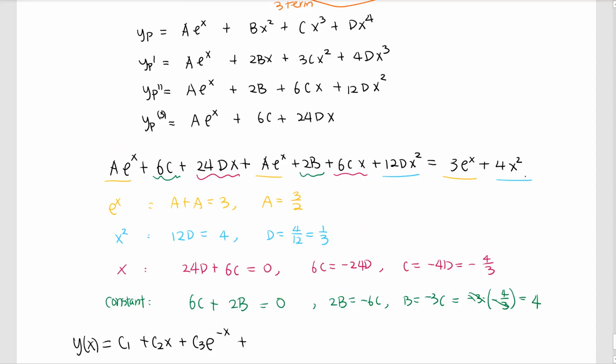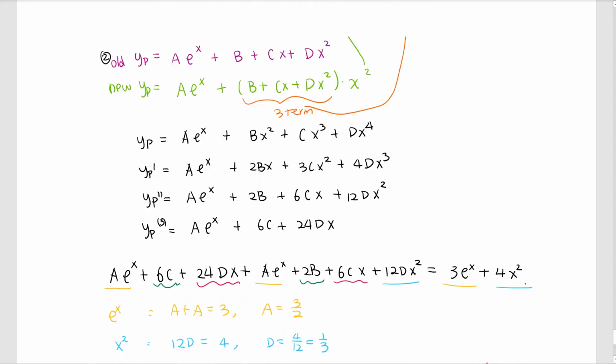What's a? 3/2 e to the x. Plus b, what is b? 4x squared. Plus c, what is c? Negative 4 over 3 x cubed. Plus d, what is d? 1/3 x to the 4. Okay, everybody? So this is our final answer of this problem.